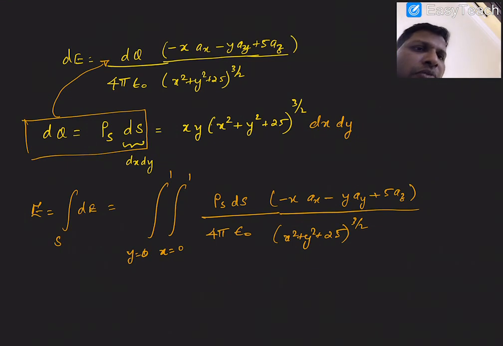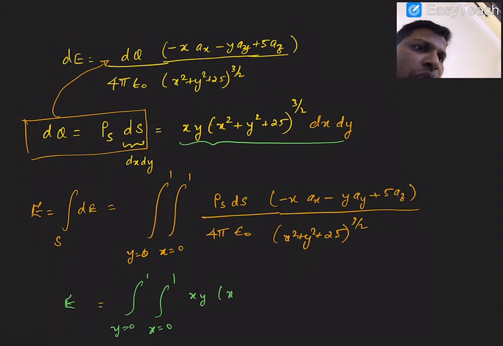Now this is equal to, the electric field is equal to integral y changes from 0 to 1, integral x changes from 0 to 1. The rho s is given, we have already seen the value of rho s into ds. It is nothing but xy into x square plus y square plus 25 whole power 3 by 2. Then you have ds, which is nothing but dx dy.